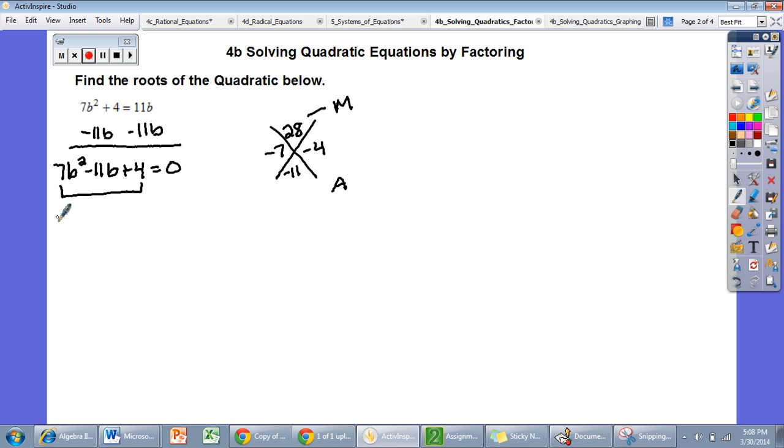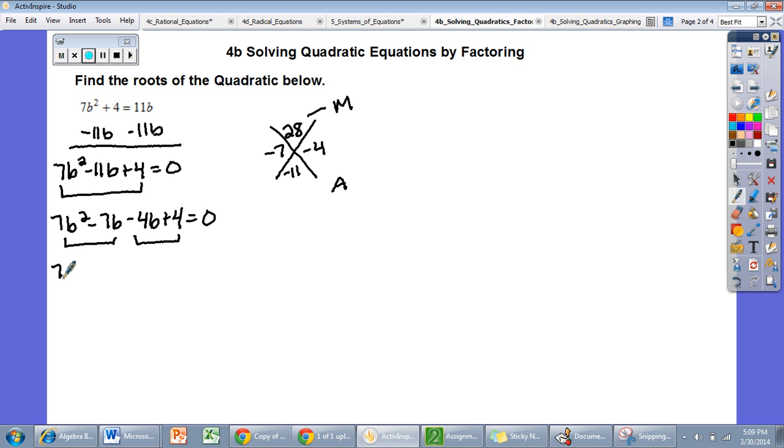So I rewrite my quadratic equation as 7b squared minus 7b minus 4b plus 4. Remember that I'm just separating this negative 11b into two terms that would combine to give me this, but it's going to make this equation factorable. And I group these two terms together and these two terms together, and I factor out the largest thing from these two terms that I can.